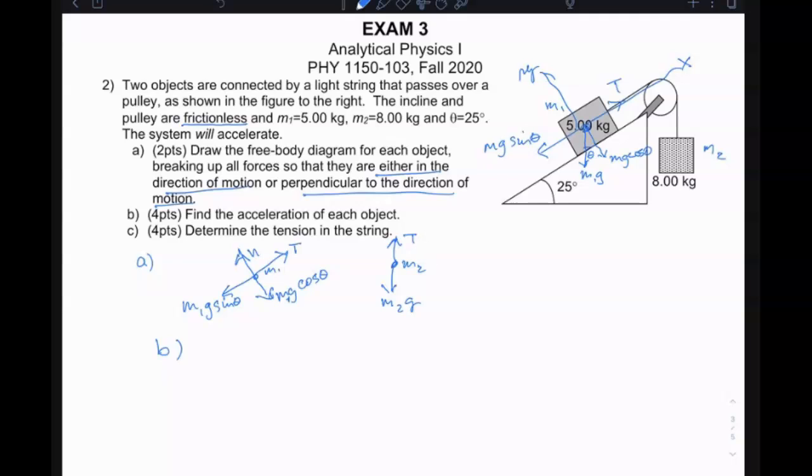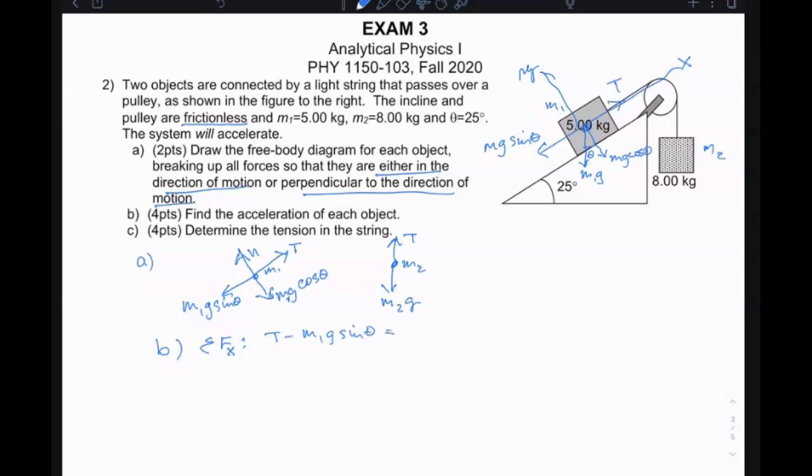If we look at the free body diagram for mass 1 and sum the forces in the direction of the motion, we get that the tension force minus m1 g sine theta are the sum of the forces in the x direction.